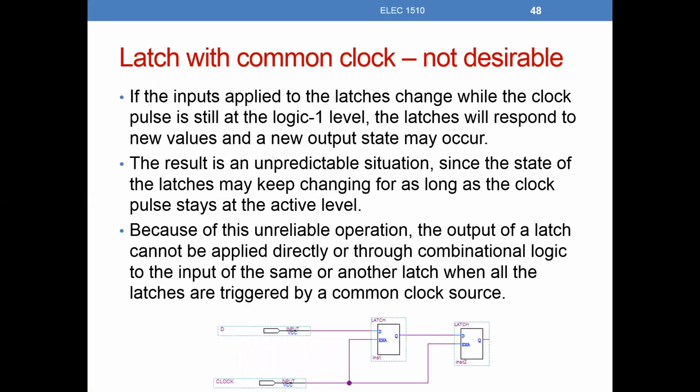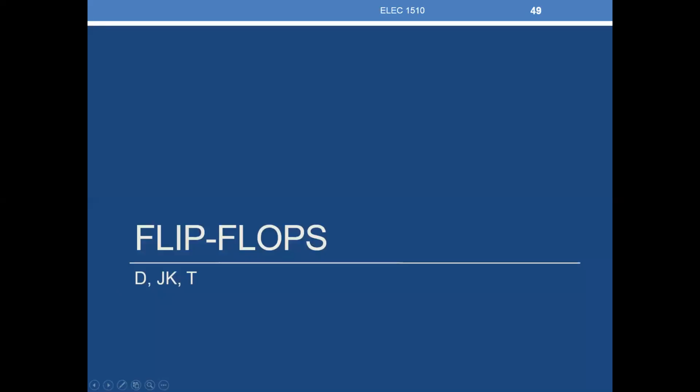Later, when we create some registers, we'll use latches and wire them in a way that we can create memory, but without one input dependent on the output of another. That causes error when they share a common clock, and almost everything in our system will share a common clock. Our next lecture topic will be on flip-flops. That's what we'll be using quite a bit from now on. That will be in the next video.